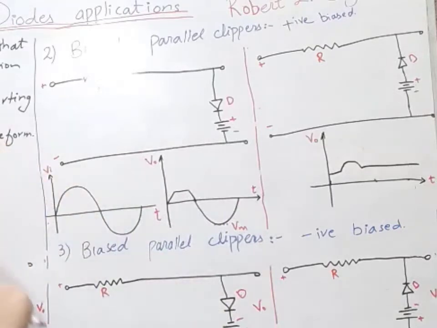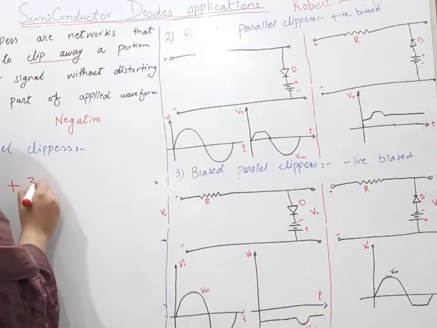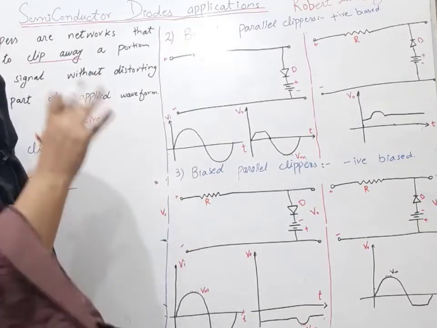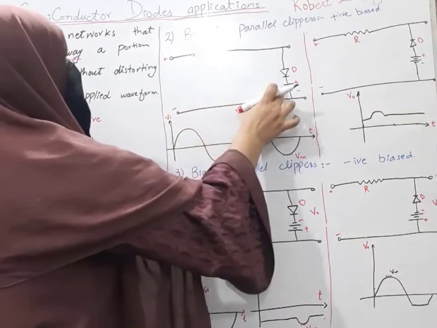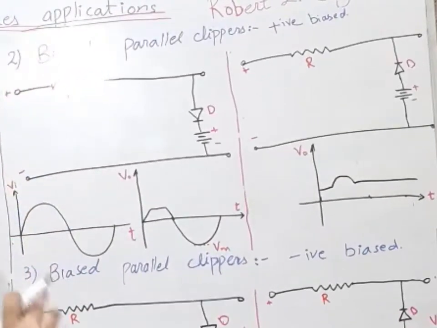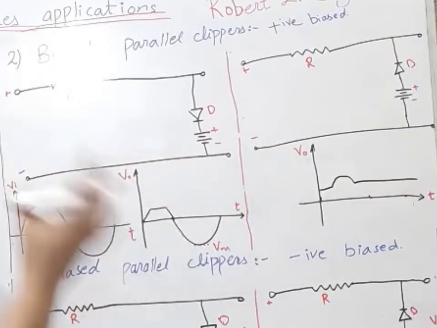In the previous case, for the series clippers, we added the terms like +3, +2, because our battery was connected in series with the positive waveform. But in this case, we will not do so, because we will just judge who is winning.